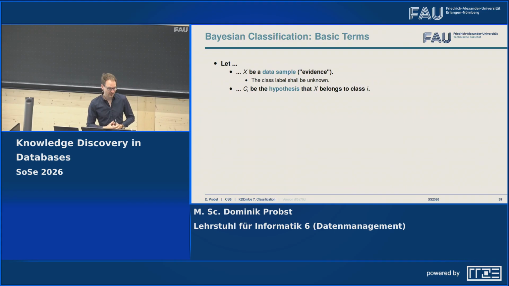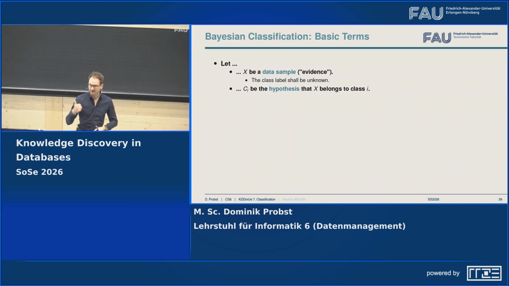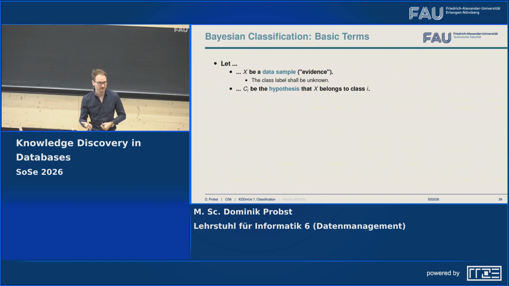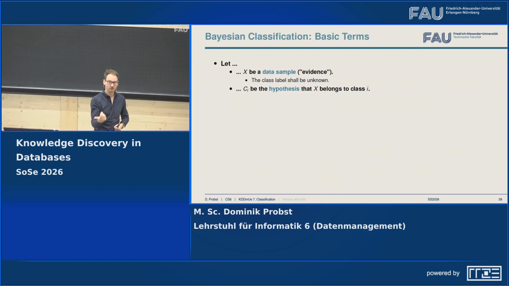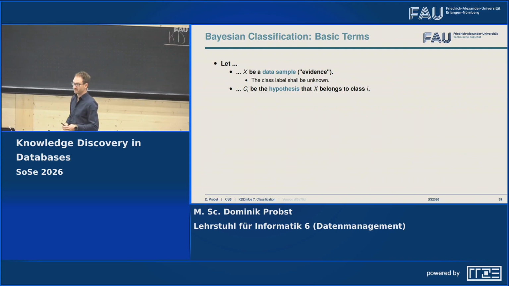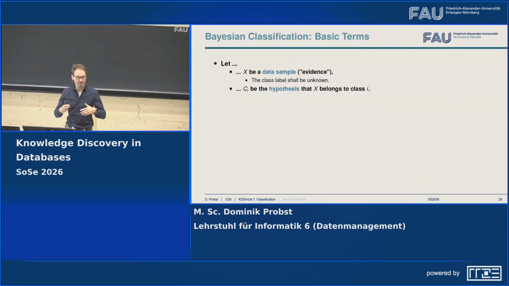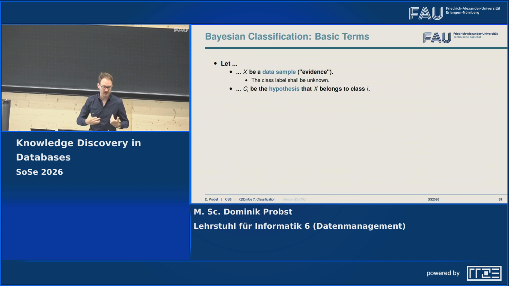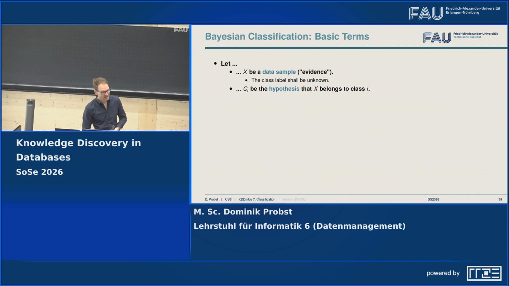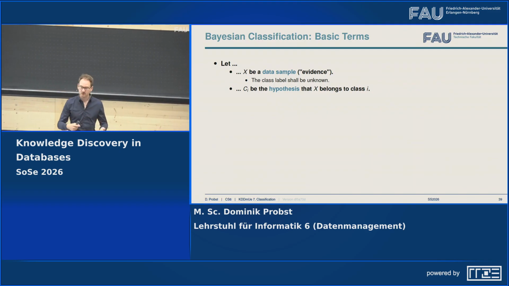For Bayesian classification, we have to first define some basic terms. So let's say X is our data sample, so the sample of tuples we are using. This is called evidence in Bayesian classification. All the class labels of the samples should be unknown. And then we have a hypothesis, Ci, that X belongs to a class i.